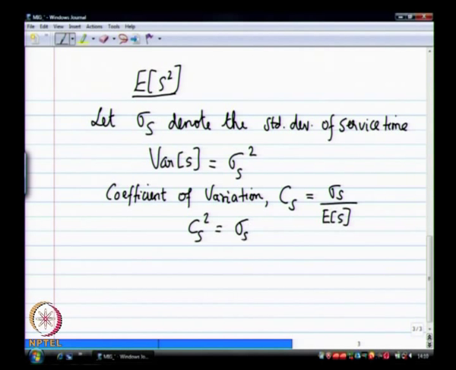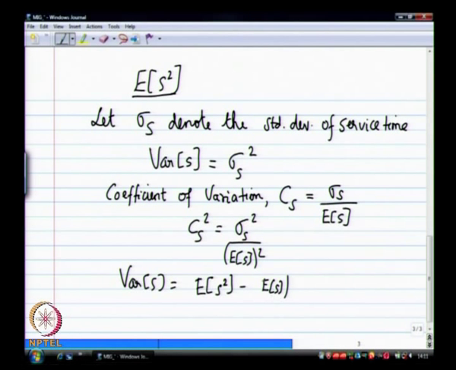So therefore your CS squared is equal to... now we need to connect our variance with this CS squared, or with that E of S squared, right. So variance of S is also equal to what? Another way of defining it is E of S squared minus E of S whole squared.